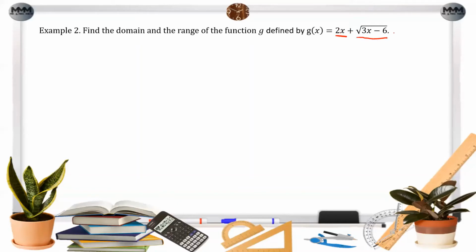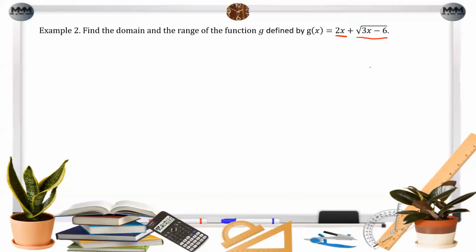However, in our square root here, we have a restriction because we cannot get the square root of a negative number under the set of real numbers. If you try it in your calculator, the square root of a negative number is an error. So it means the function is undefined when the number inside the radical square root is negative.